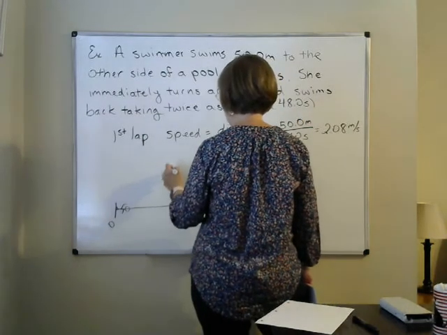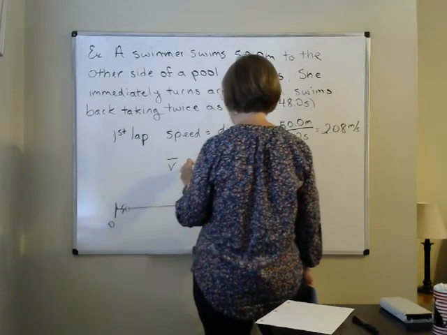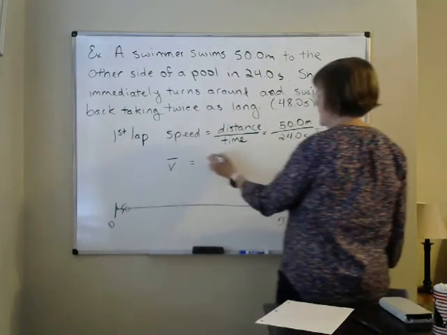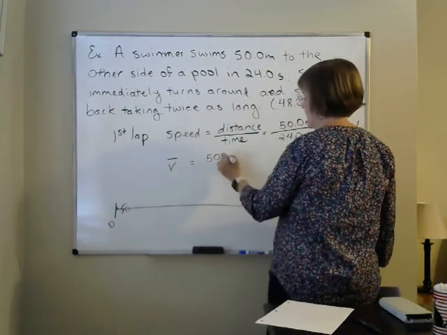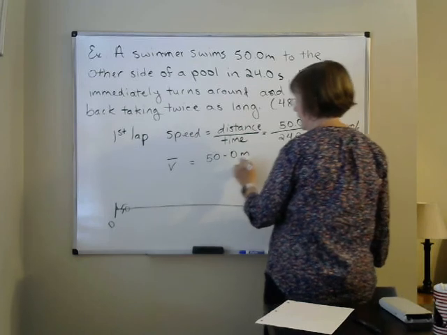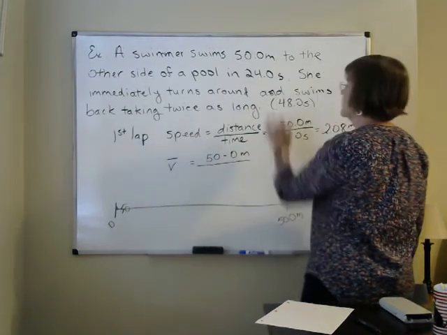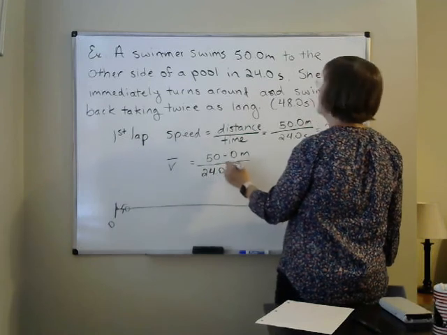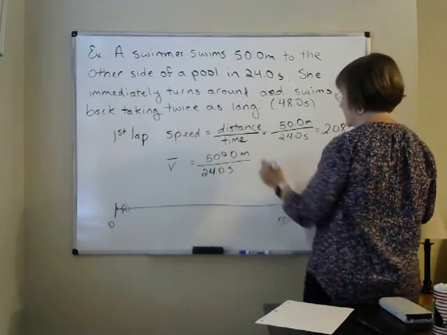Her average velocity would be her displacement. Well, she went from 0 to 50, so 50 minus 0 meters. It took 24.0 seconds. I do have 3 significant digits here.